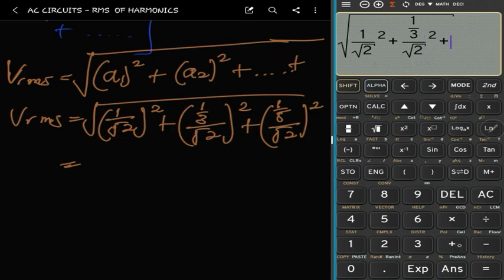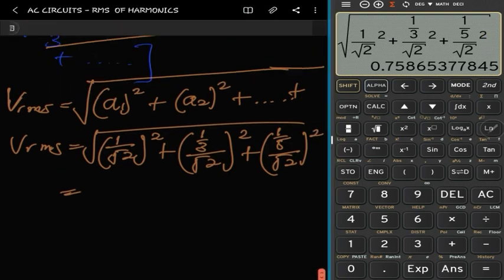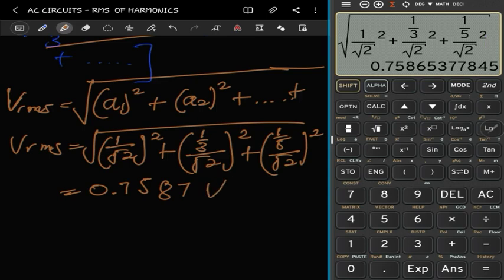So now we have 1 on 5, all on root 2, and we square this as well. So this ends up giving us 0.7587 volts, right?